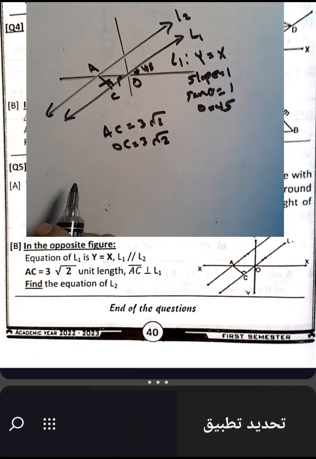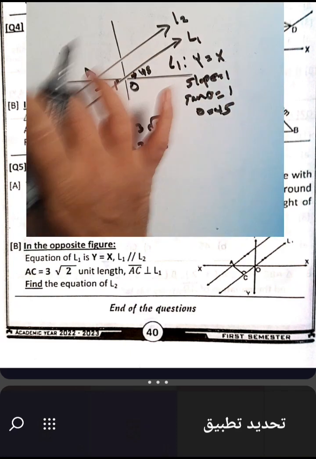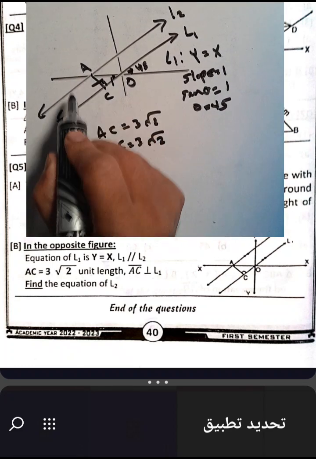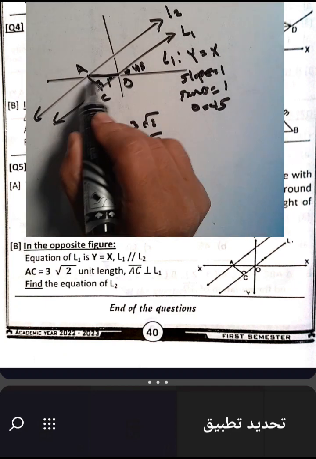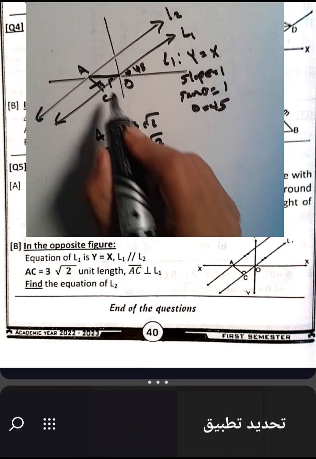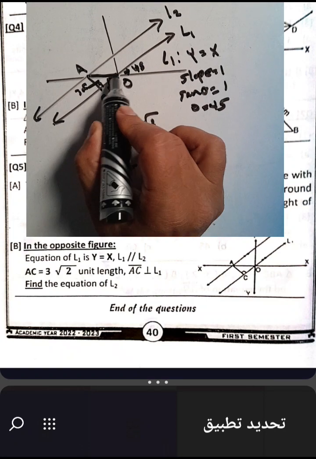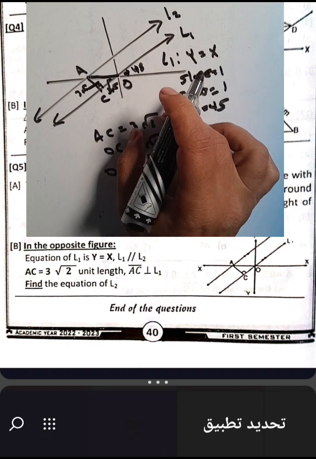You want to find the equation of L2, the equation of this straight line here. At this point we can find the length of OA, because we have a right angle triangle. We have here 3 root 2 and there 3 root 2. We can find the length of OA from Pythagoras: first power 2 and second power 2.